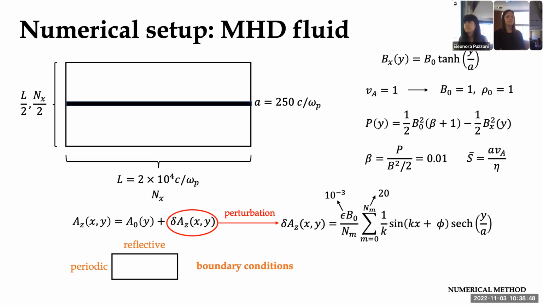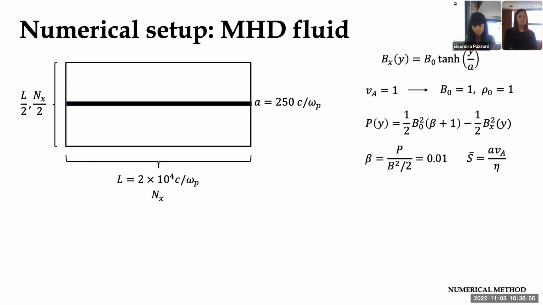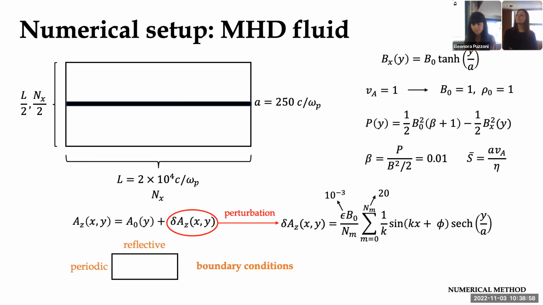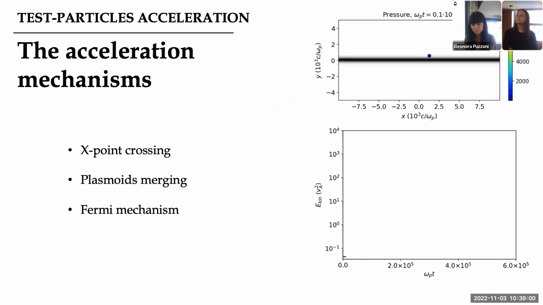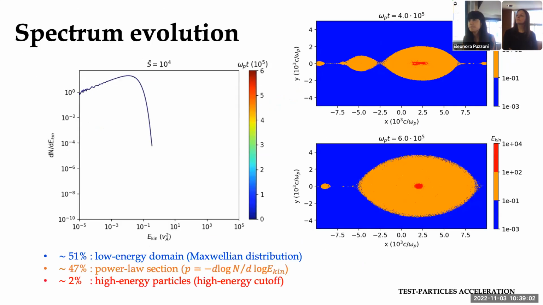I have a question about the power index at different Reynolds numbers. I saw the power index is about 1.7 at the Lundquist number of 10^5. In general, the current sheet will be more turbulent in the higher Lundquist number case.